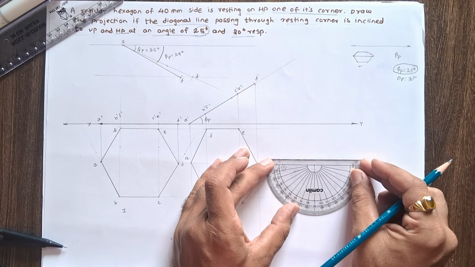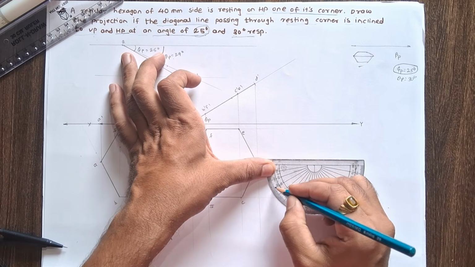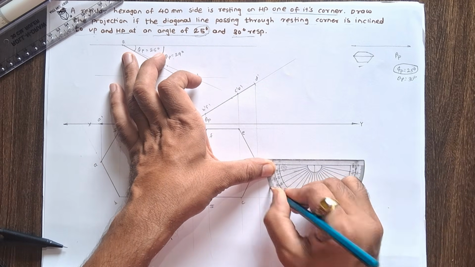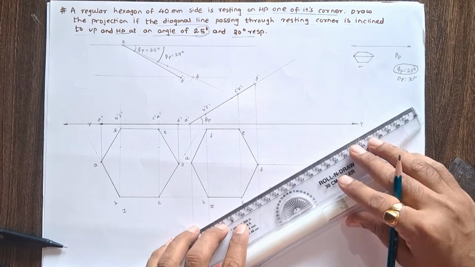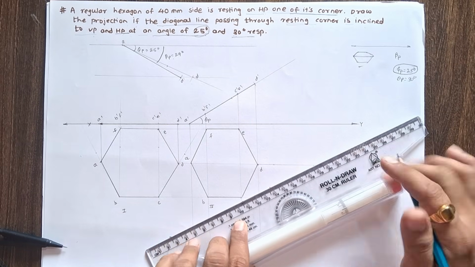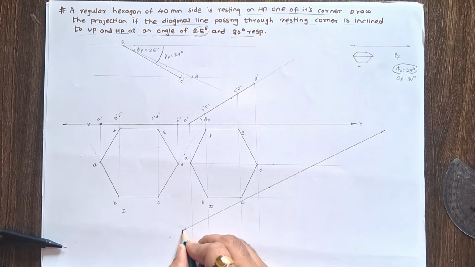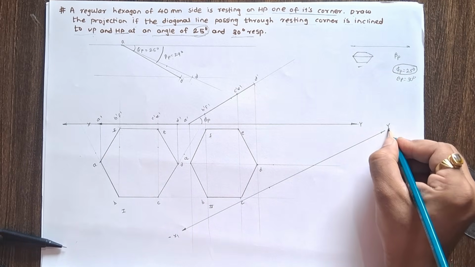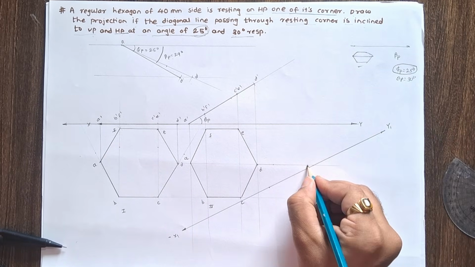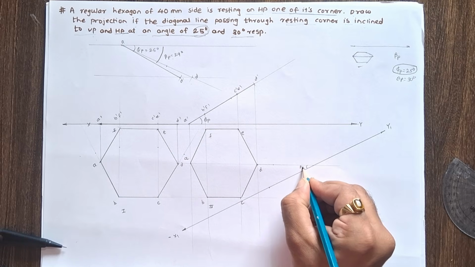Here we can take this point and mark a 29-degree angle line. This is a 29-degree angle line. This is a new plane x1 y1, and this angle is the beta plane angle.